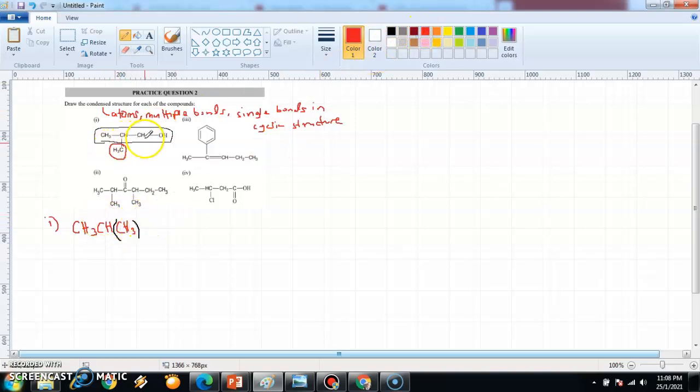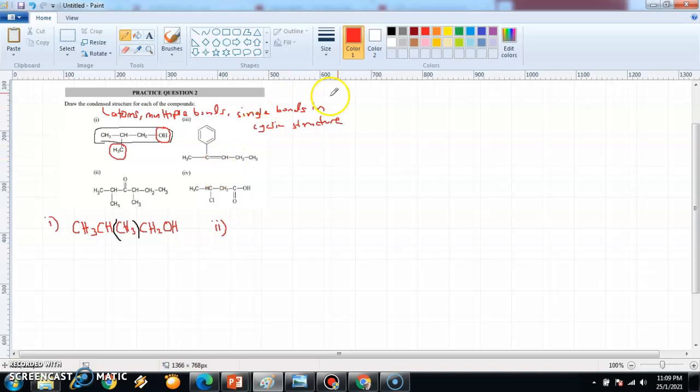Next, move to the third carbon, CH2. The third carbon is bonded to OH, so we draw OH without showing its single bond. OH is another group of atoms bonded to the third carbon, but we do not need to bracket it because it sits on the terminal carbon. Next, we look at the second question.